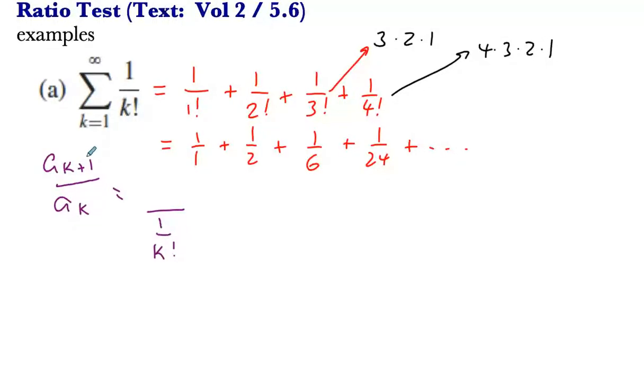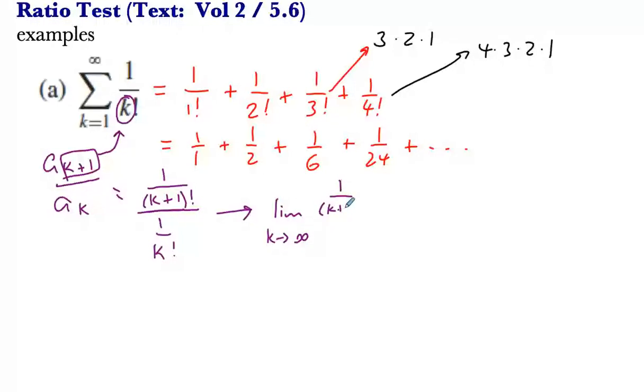What we don't have yet is the next term. The next term simply comes from replacing k with k plus 1. And if we do that, we get 1 over (k plus 1) factorial. So this is the ratio that we need to look at. And we need to then take the limit as k approaches infinity of this ratio.